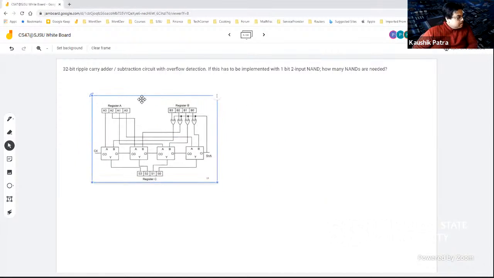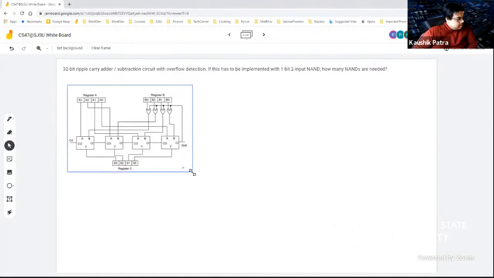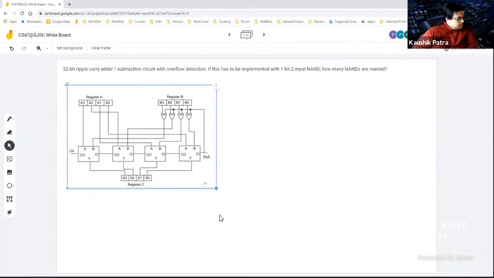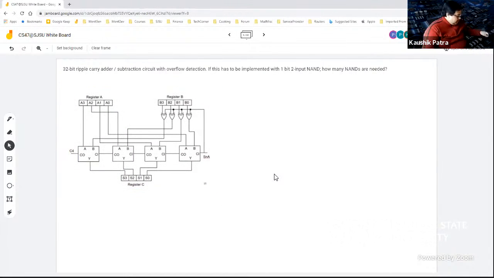Okay, so you probably recall this is the ripple carry adder subtraction circuit, and overflow detection would be something like this. One XOR there. Okay, this is overflow.